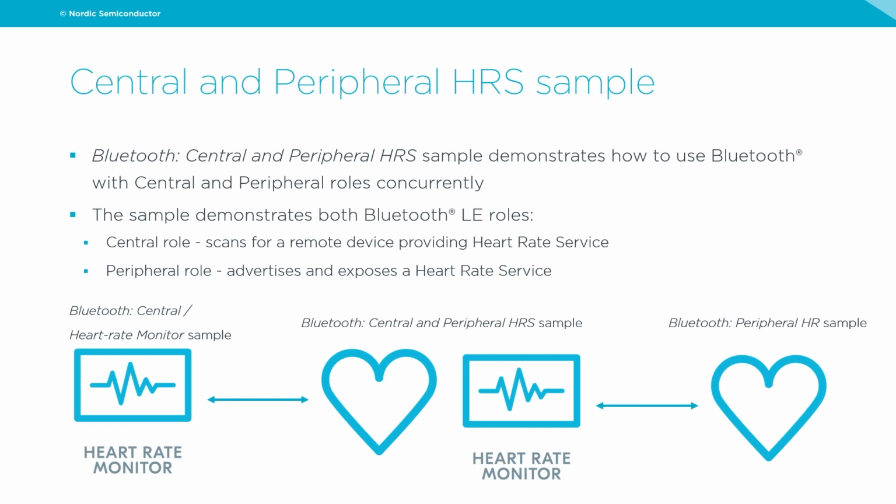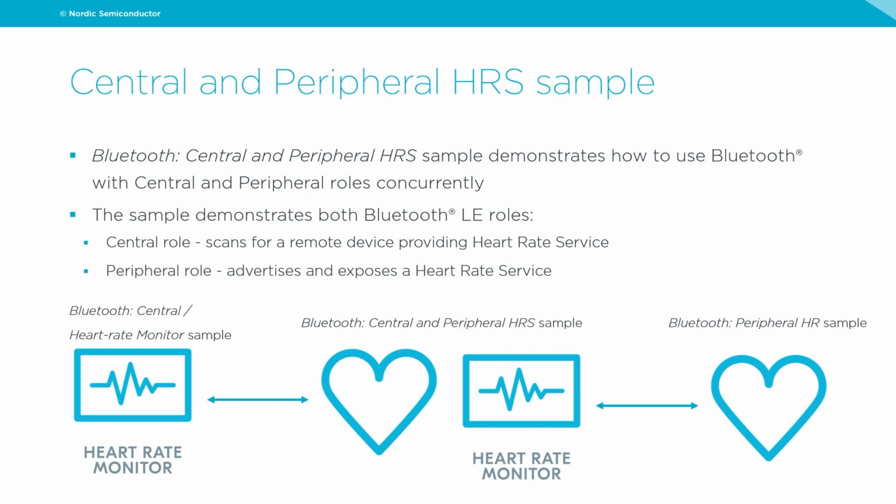When a device is connected as central, the sample starts the service discovery procedure to search for the Heart Rate Service. If this succeeds, the sample reads the Body Sensor Location characteristic and subscribes to the Heart Rate Measurement characteristic to receive notifications.